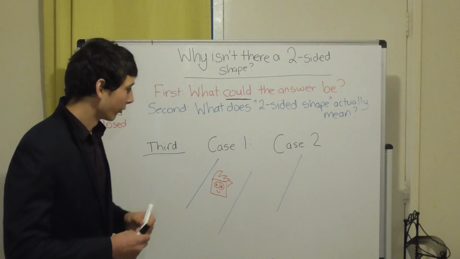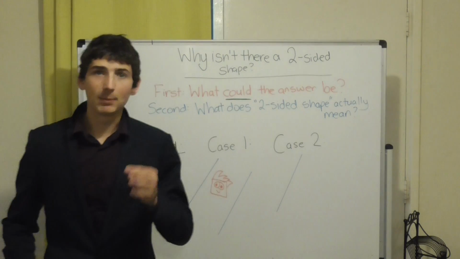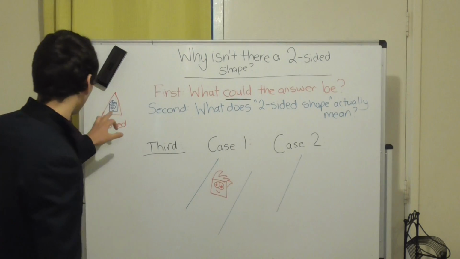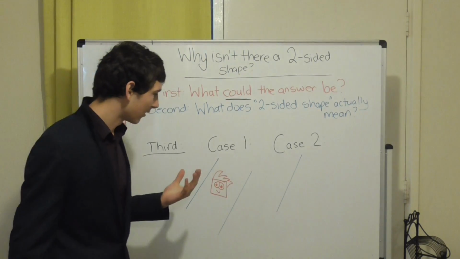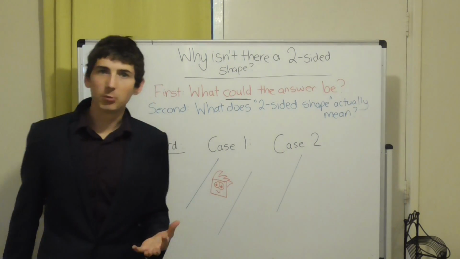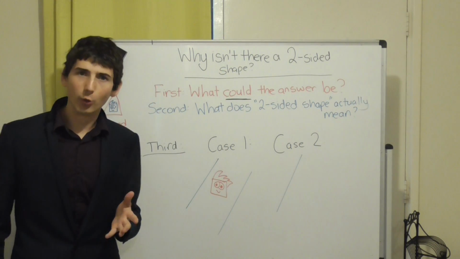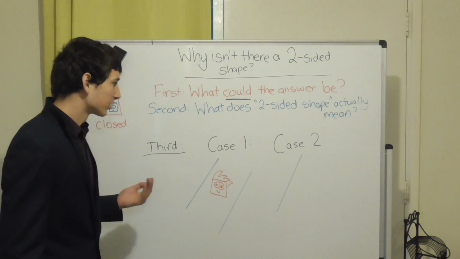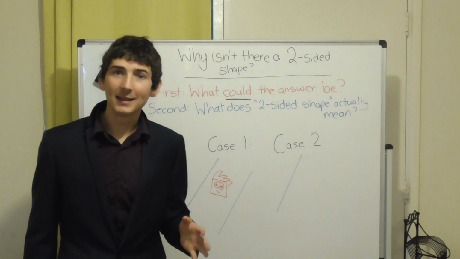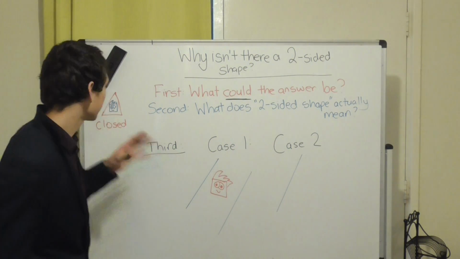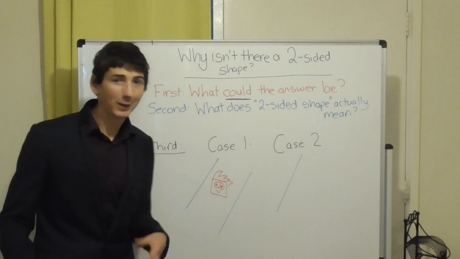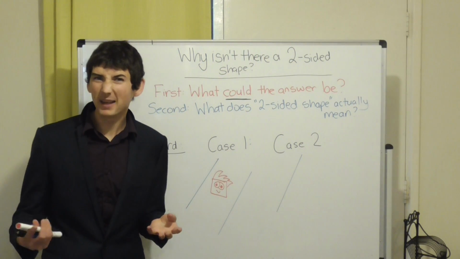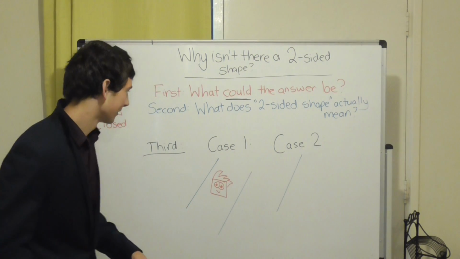Alright, so Timmy has to be inside the shape to start with, right? Now, in this example, I don't know where the inside is. Because the whole point of the inside is that you have boundaries. And in this one, we can see that there's no boundaries. But let's test it anyway.